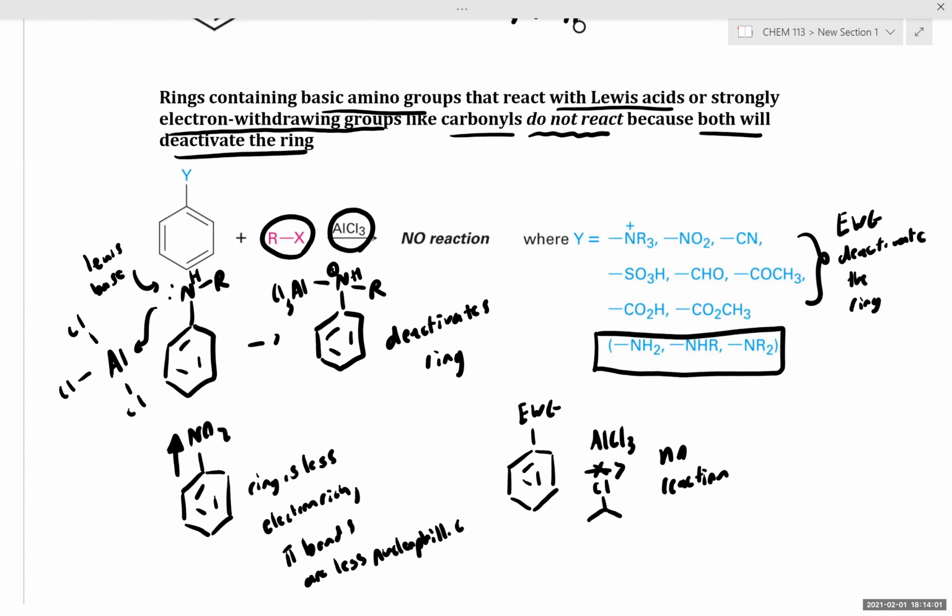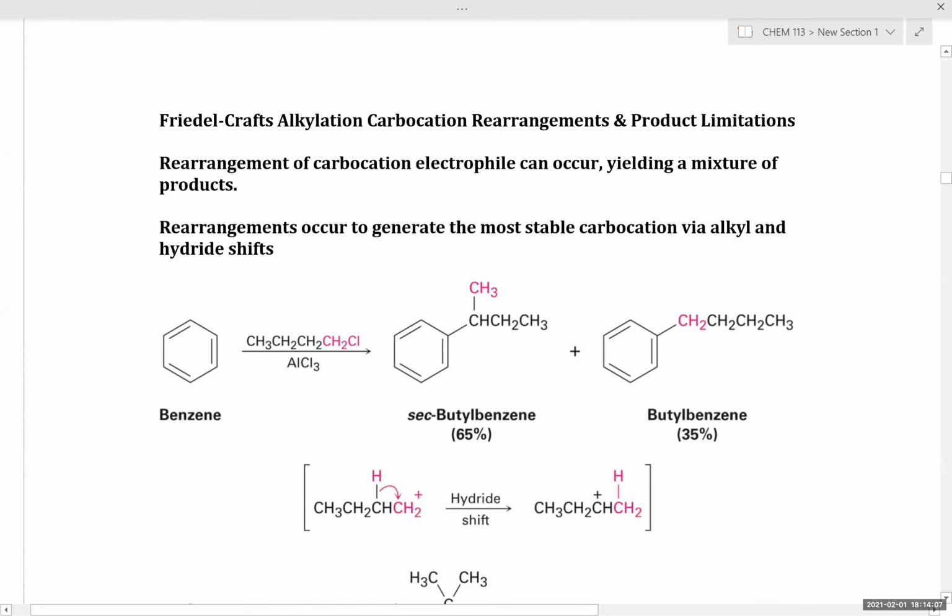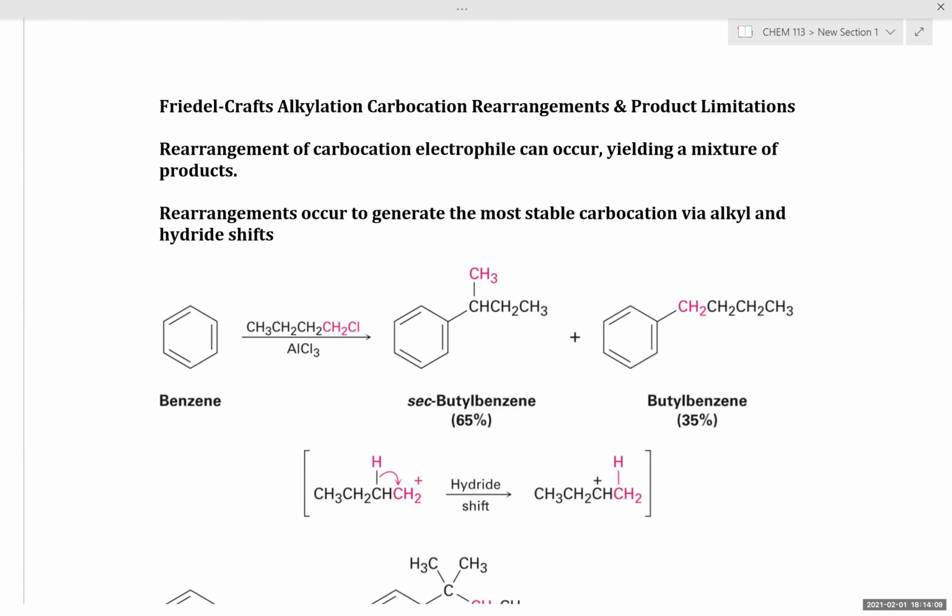No. Okay, so let's look at this next case and let's look at the next major issue for Friedel-Crafts alkylation. And this will answer the student question, what about primary substituents? Well, primary substituents have a host of issues.